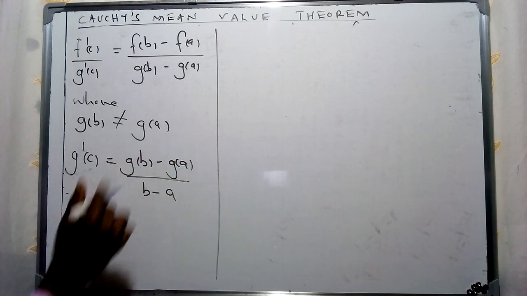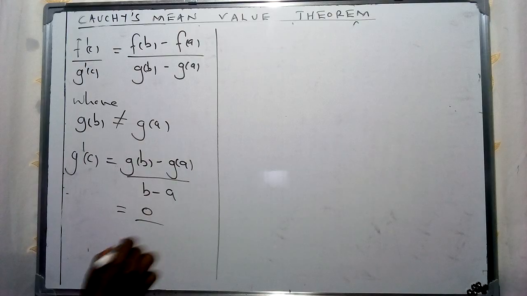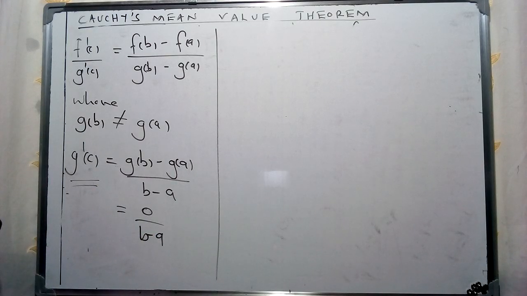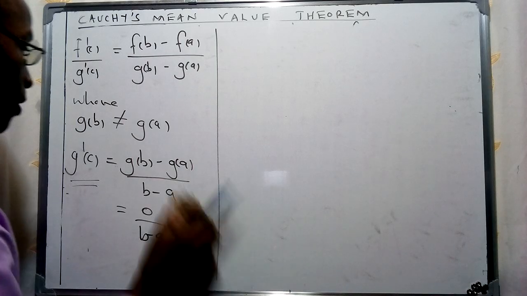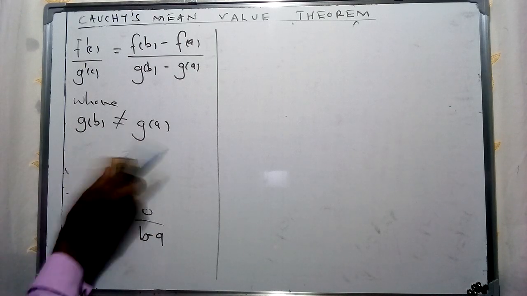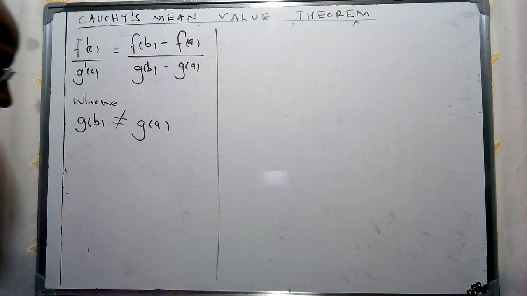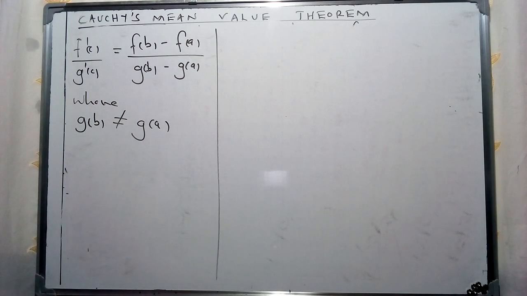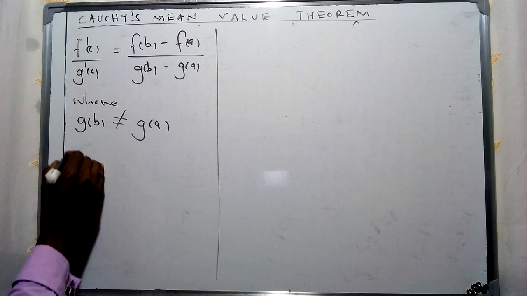So if these are the same, then this implies that we're going to have 0 over b minus a, implying that our denominator is going to be equivalent to 0. So in this case, we consider a condition whereby the values for the function g are not equivalent, which is g of b not equivalent to g of a. Then we're going to apply the mean value theorem to this specific function.